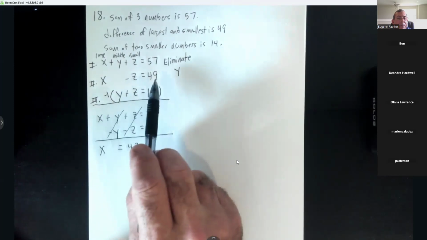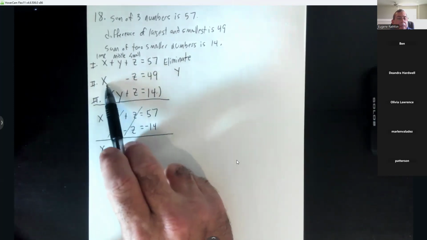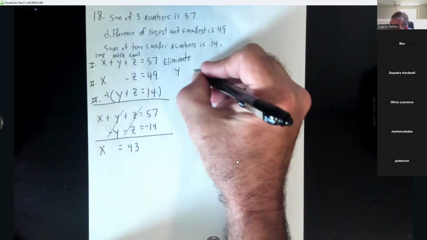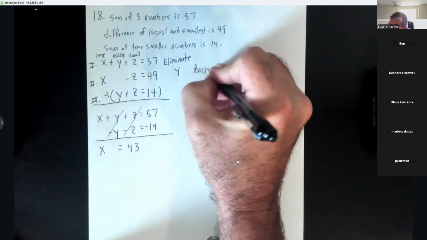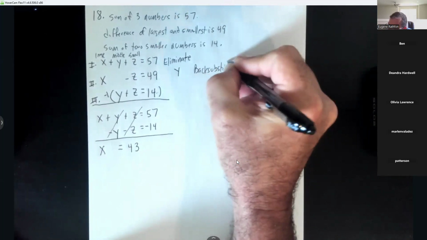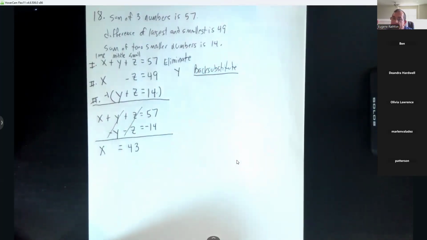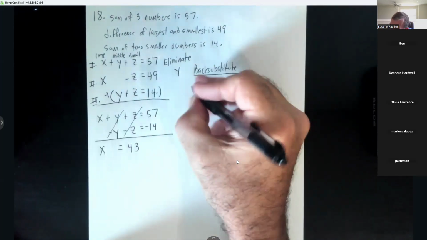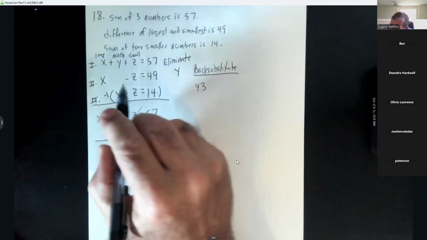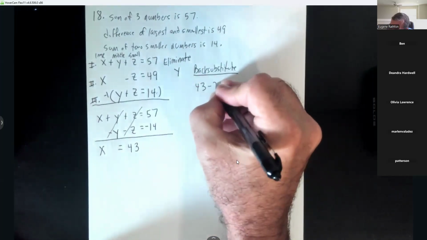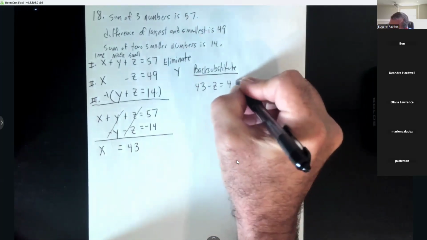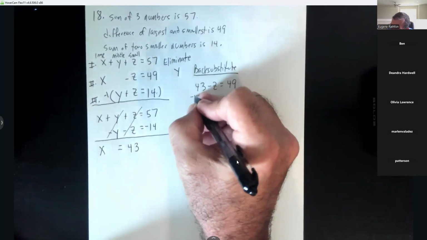So now, if I want to get the Z, I know what X is, so I'm going to back substitute. So if y'all pick the right variables, you can make these a lot smaller than if you don't pick the right variable, okay? So X was 43, so that's going to give me 43 minus Z equals 49. So y'all saw that.